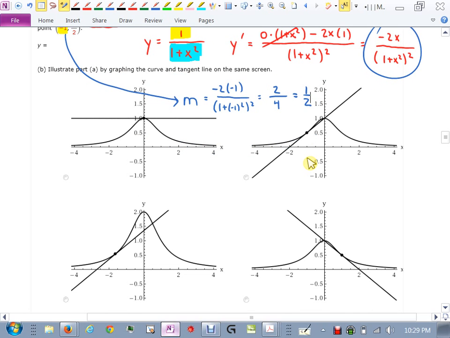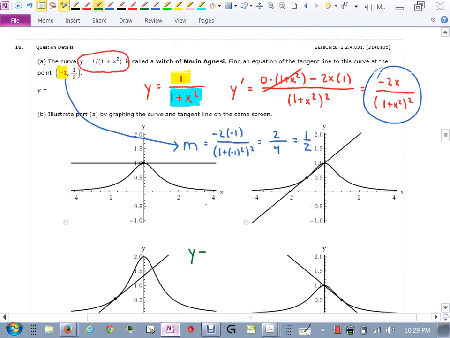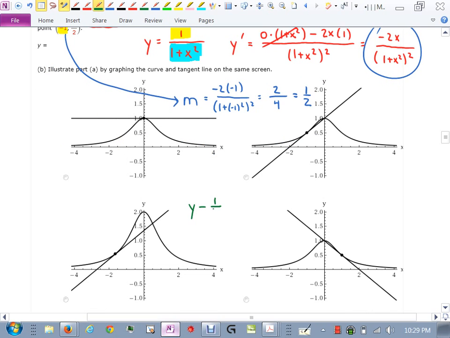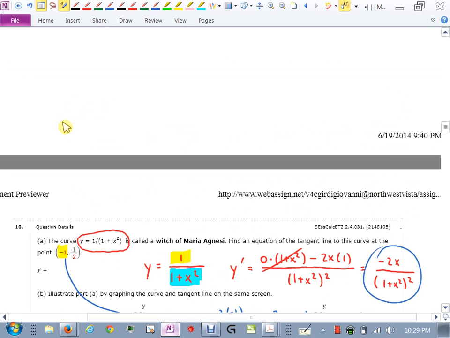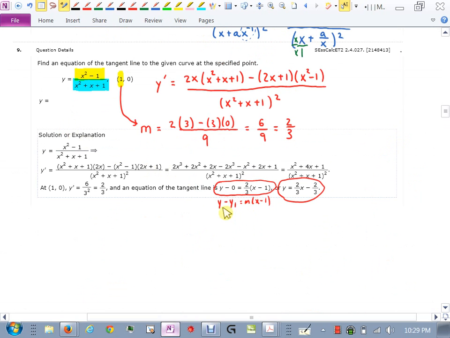Now we can come up with the equation. I'll just throw it in here. It'll be y minus, what was y0 here? Y0 up here was 1/2, equals m, which we just found to be 1/2, and then times x minus x... did I say y0? I meant to say y1 in this formula, and sorry, this was x1 up here.